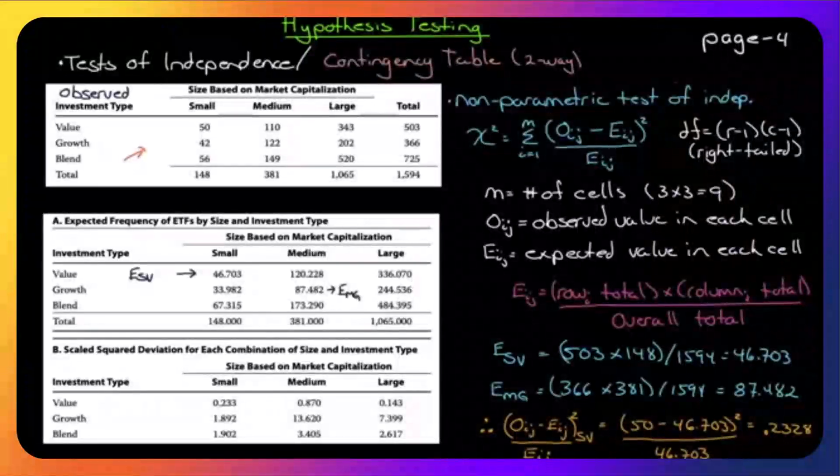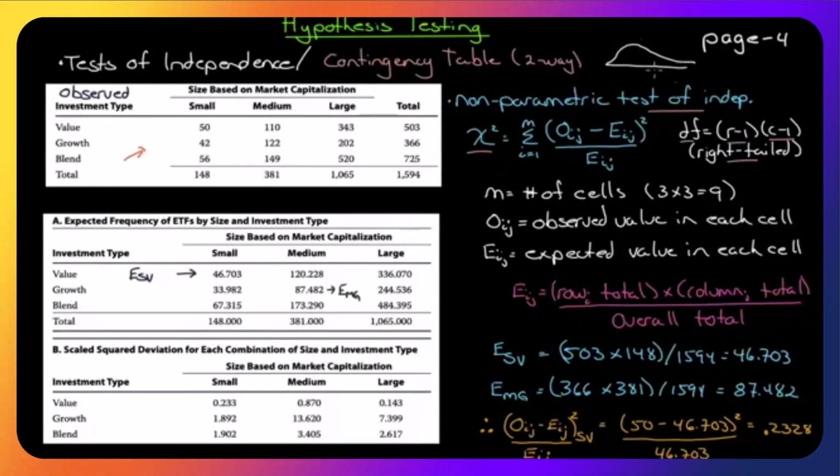So we are going to perform a non-parametric test of independence. It's distributed as a chi-square variable. The degrees of freedom are the number of rows minus 1 times the number of columns minus 1. This is a right tail test only. To understand why, let's draw out our chi-square distribution, which kind of looks like that. And there is our right tail.